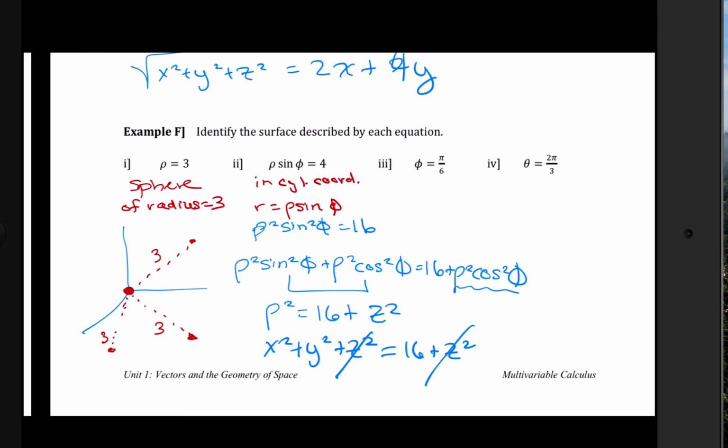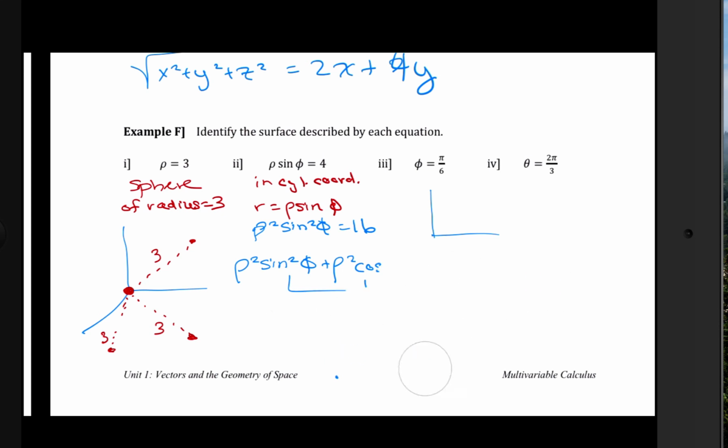All right, number 3 says that phi is equal to pi over 6. I'm going to erase a little bit here. You can rewind the video if you want to see it. Remember that phi is this angle measured from the z-axis.